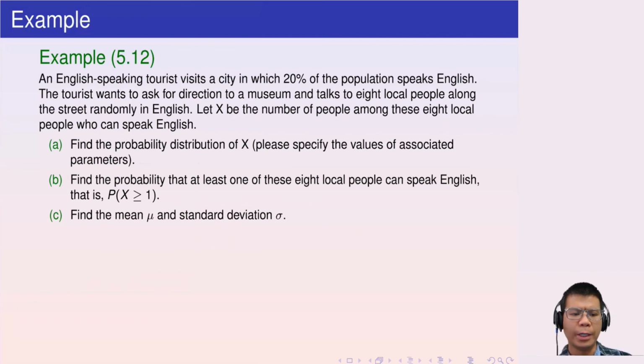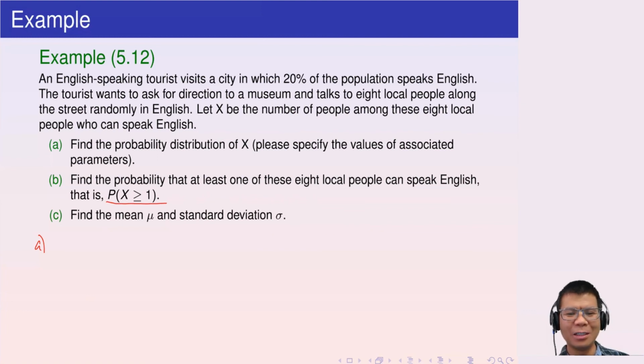A: find the probability distribution of X, and specify the values of the associated parameters. B: find the probability that at least one of these 8 local people can speak English, that is, the probability for X greater than or equal to 1. C: find the mean and standard deviation. So let's just do this.